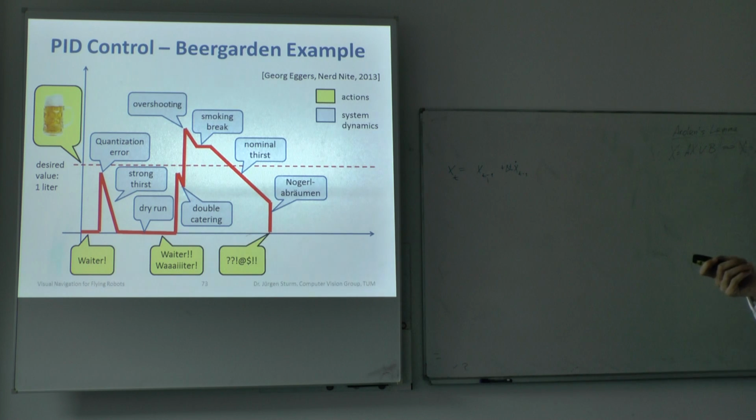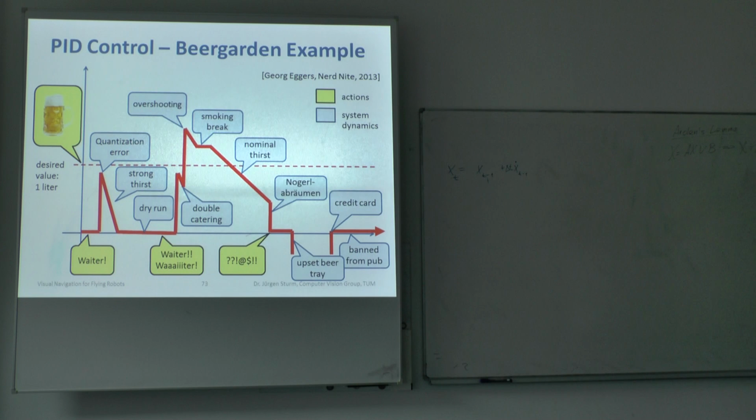Of course, when you realize that, you get in a really bad mood, and because you're angry and shouting at the waiter, you throw over the beer tray of the waiter, which even leads to a negative value of your beer level. After a short while, you can at least move it back to 0. And then, unfortunately, the beer level stays at 0 because you're banned from the beer garden.